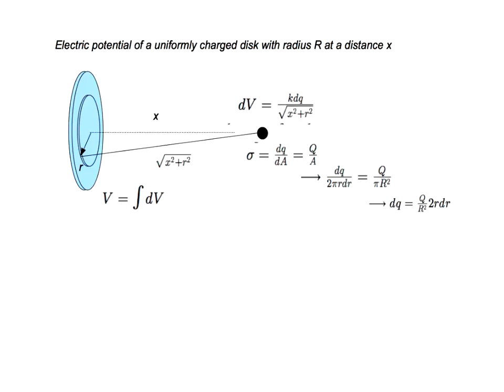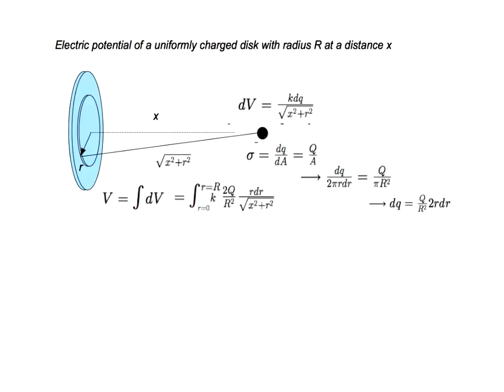We write the integral for the electric potential due to the entire disk as integral over k 2q over R squared times little r dr over square root of x squared plus r squared.